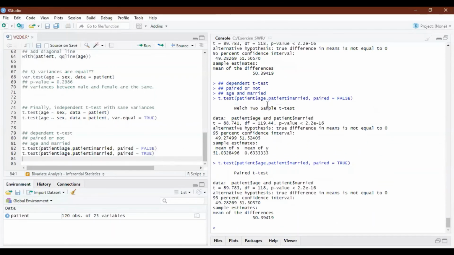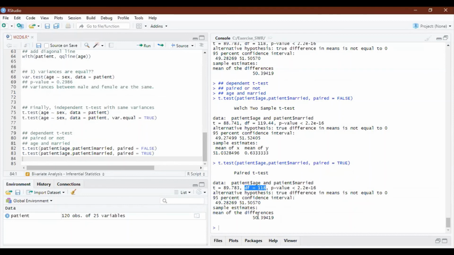As you can see, these two tests give slightly different test values. The p-value is not different, because that is just a coincidence, but the t-statistic is different, 88 to 89, and the degrees of freedom are also different. This is because they adjusted for a paired t-test.